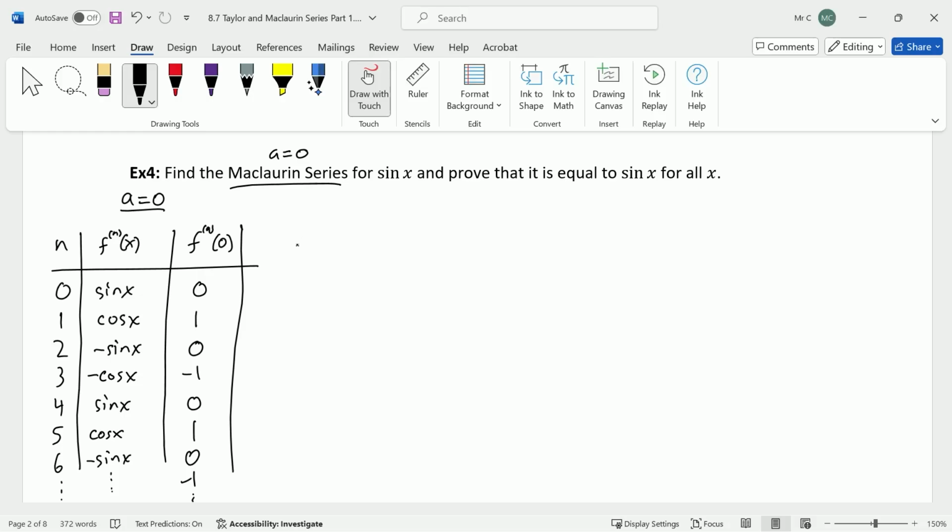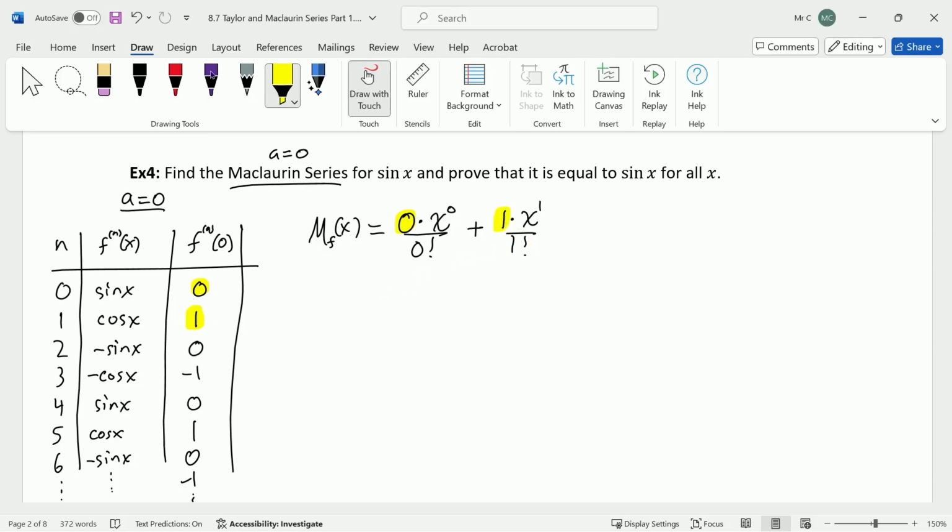So now when I go to write out my Maclaurin series, I can write it all out like this. 0 times x to the 0 power over 0 factorial plus 1 times x to the first power over 1 factorial. Keep in mind, these are my coefficients for each term, right?